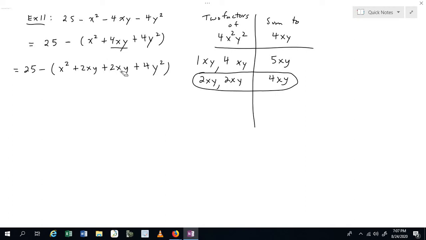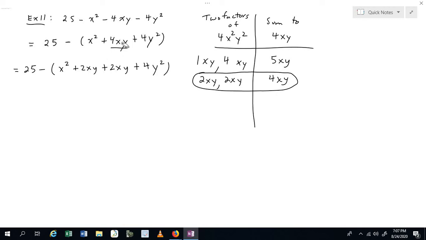So this is first, outer, inner, last. And what happens is we take the outer and the inner, and since these are like terms, we can add them up, and it would add up to 4xy. So what we have to do is take this middle term and go back to the outer and inner that it came from. And the only way you'll know which one's the outer and which one's the inner, right, is to go back and find two factors that sum up to the middle term.